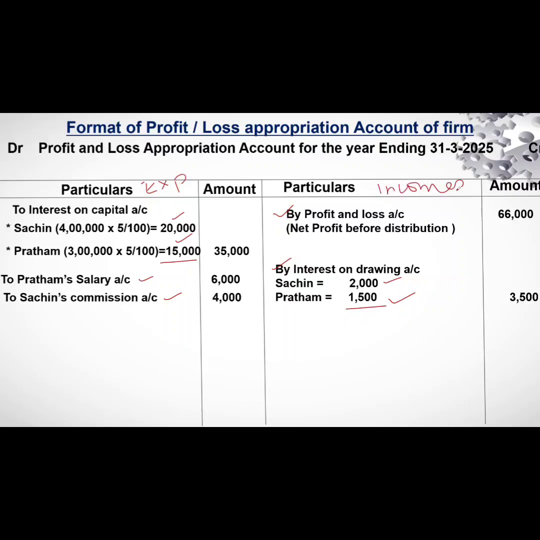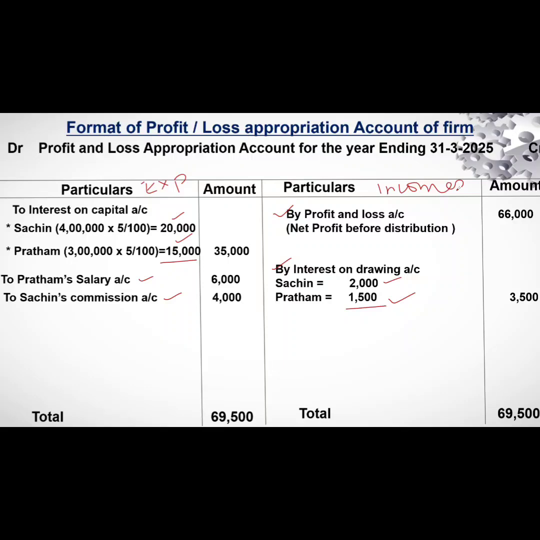So now the next step is to find the balance, that is the balance of the profit after making the adjustments or after distributing all the incomes and expenses. What is the profit that is left over which has to be transferred to the partners' capital? So first find the highest total, that is 69,500. Credit side is higher, so write the same total on both the sides.